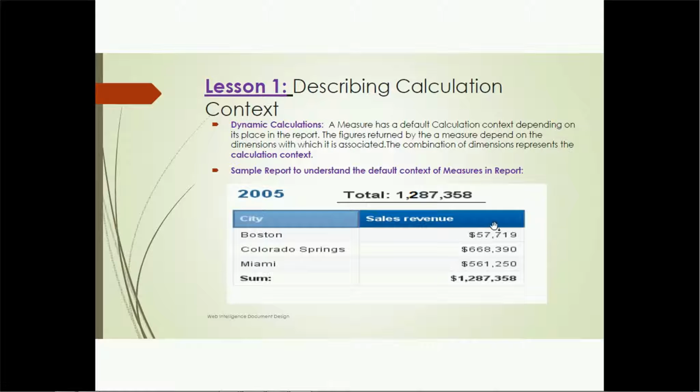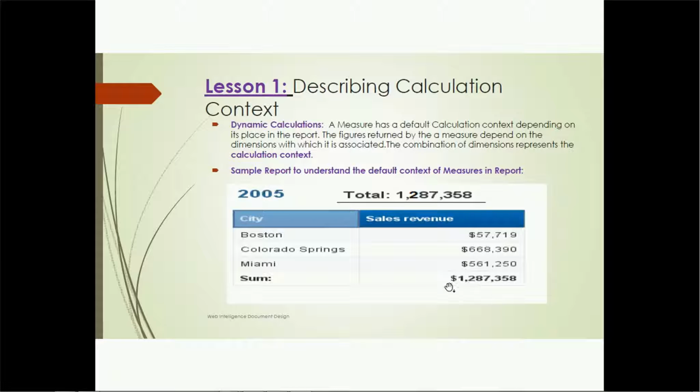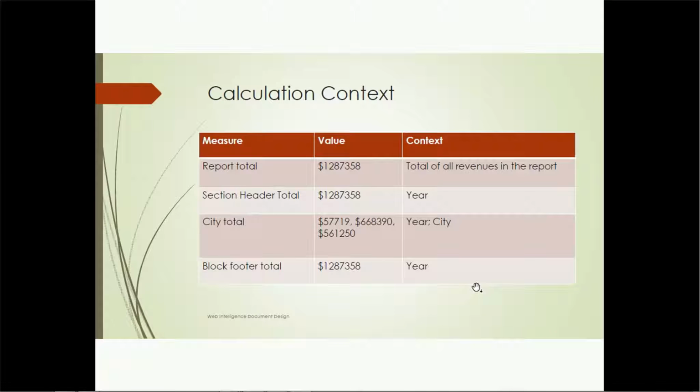If you see this report, it has a section total, a report total or block total, a block footer total, like this. Let's see what the context is for each value. The report total is the total of all revenues in the report.